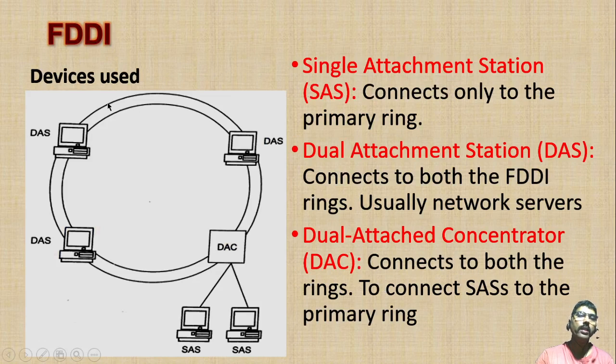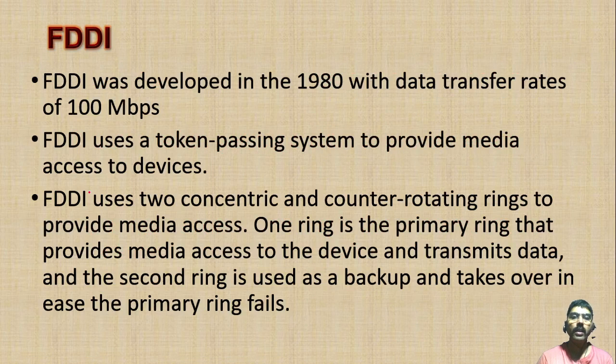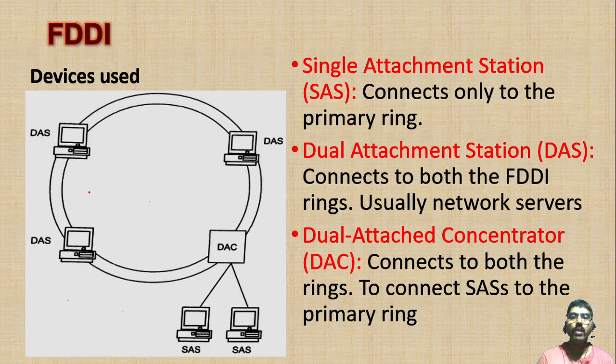Now see, this diagram shows the FDDI where two concentric rings are there. Here I used a word called counter rotating. Counter rotating means in one ring the data transmission will go this way, in the other ring the data transmission will go this way.